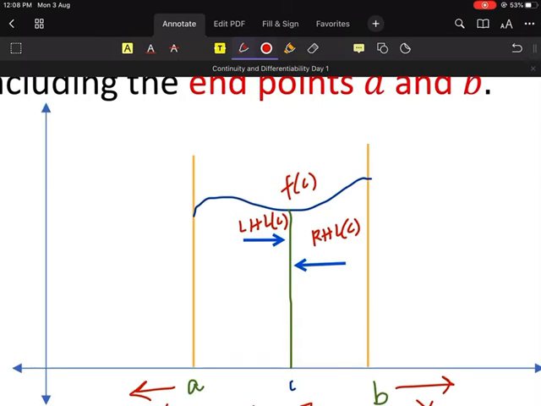Yes or no? Yes, they are converging at one point, right? So they are all converging at one point. So can I say for every single point on this function, I can find the left hand limit and right hand limit and the value at that point, and the function is continuous? Yes or no? For every single point on this function? Yes or no, guys? Tell me fast.